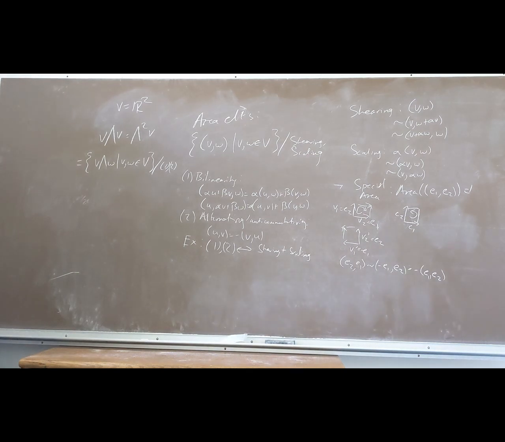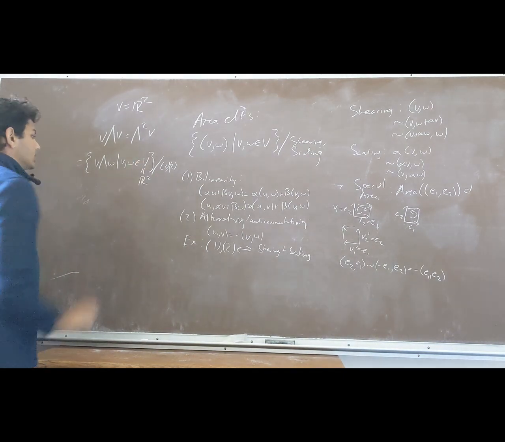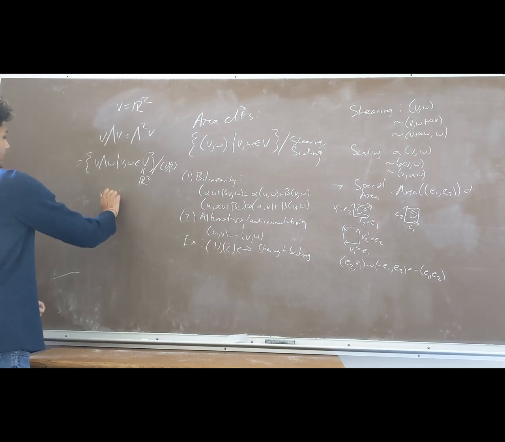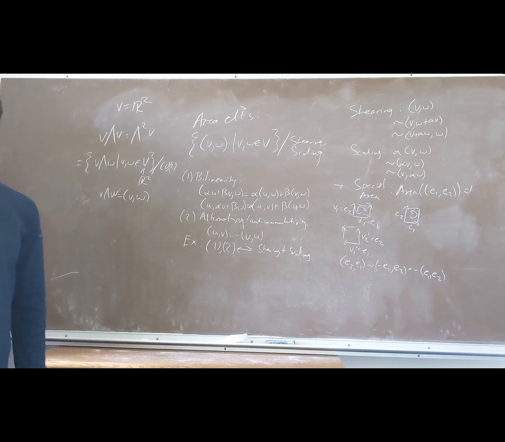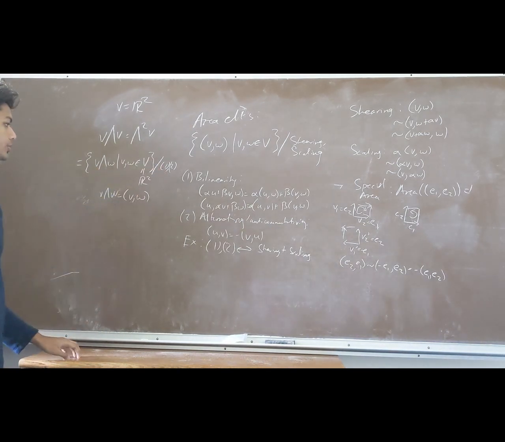Okay, and this is technically for this case of v equal to R2. And again, this is much nicer algebraically. And what do I mean by this pair v wedge w? V wedge w is just the pair v comma w that we have been working with earlier. So this represents a parallelogram spanned by these two.